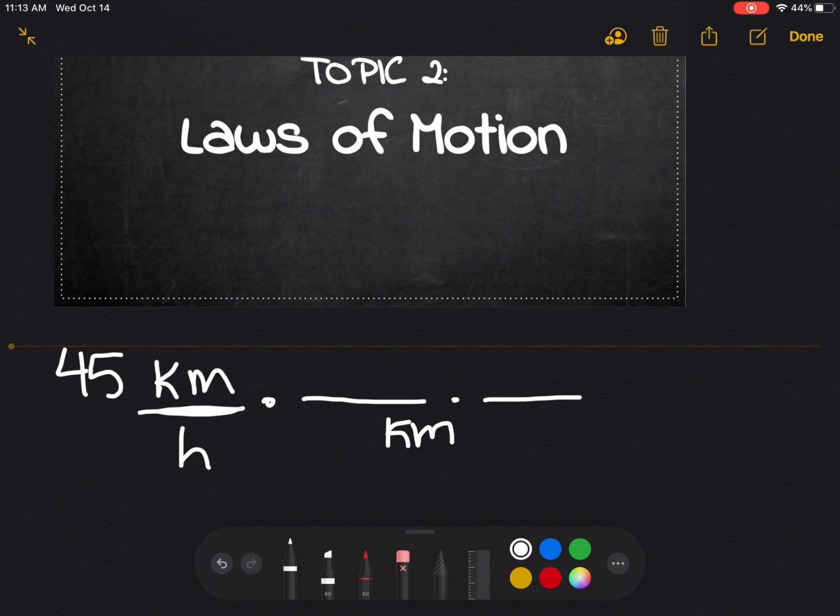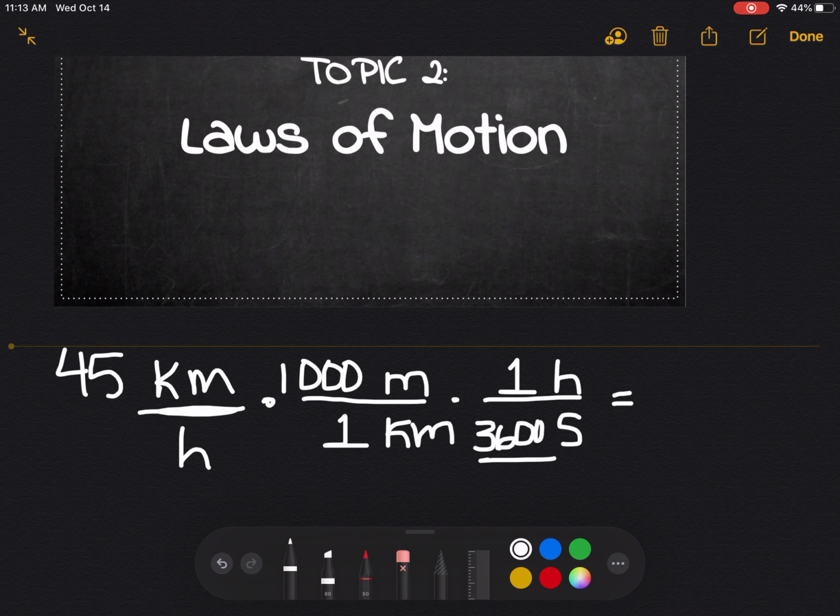If we've got hours on the bottom, we put hours on the top. These are just ones. And then for our conversion, we need to put our kilometers into meters and our hours into seconds. We basically need to write down how many meters are in 1 kilometer, and that's 1,000. And how many seconds are in 1 hour, and that's 3,600. This is something we have gone over before, so it's not totally something new.